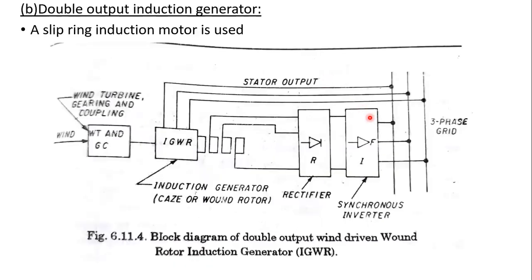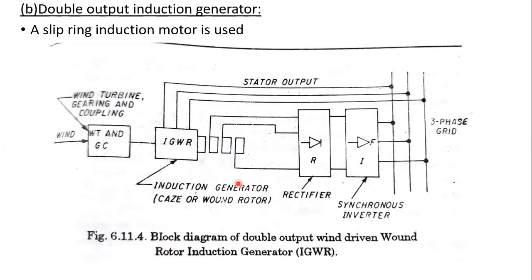The next type is the double output induction generator. In this system, a slip ring induction machine is used, as you can see in the figure.